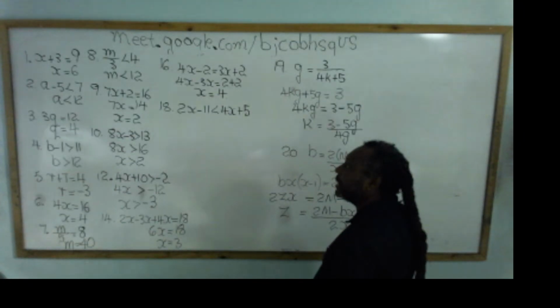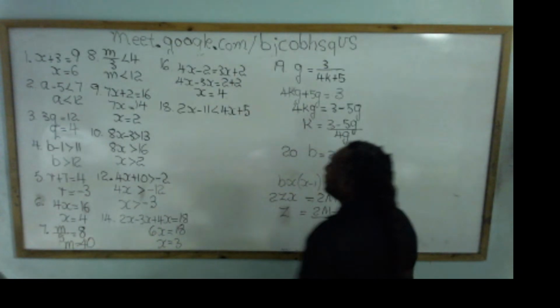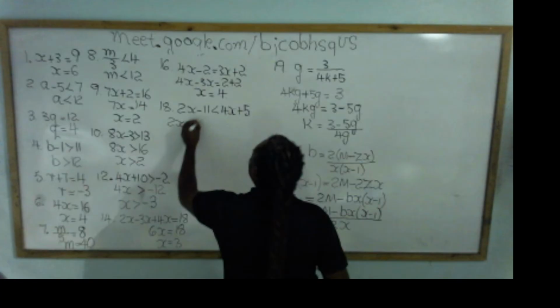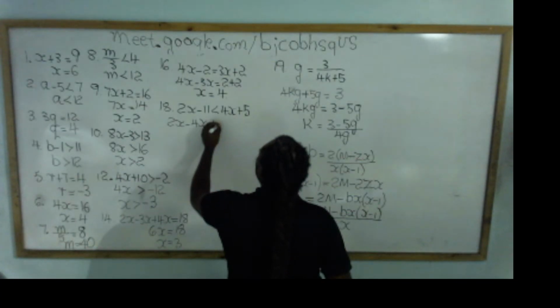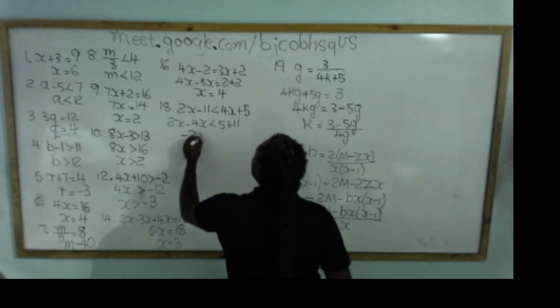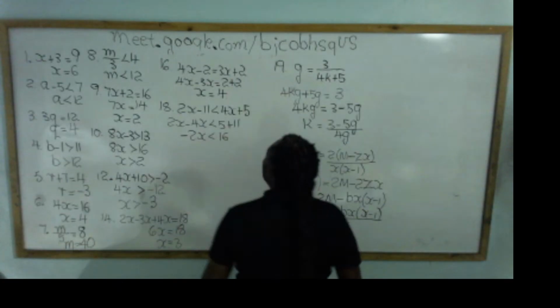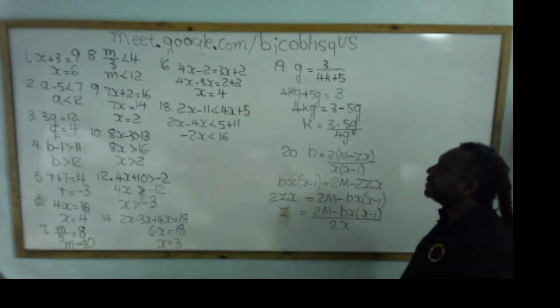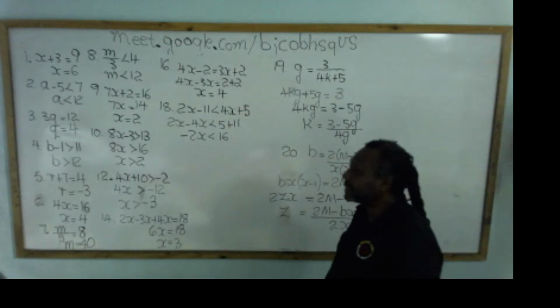For those students who are in a hurry to get all of the x's on one side, you may say this. 2x minus 4x is less than 5 plus 11. So you get a negative 2x is less than 16. What do we do next?